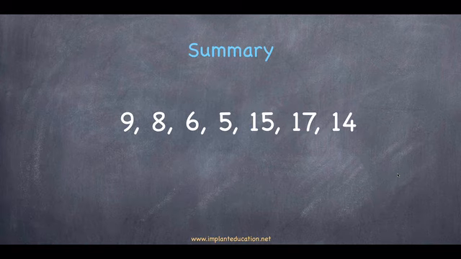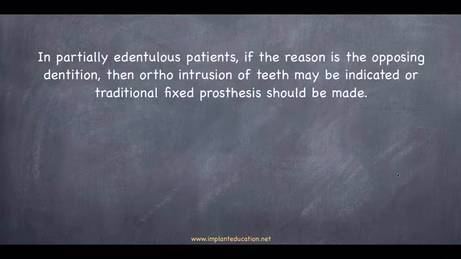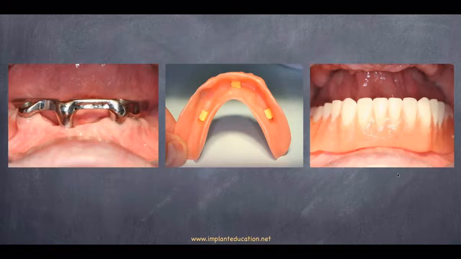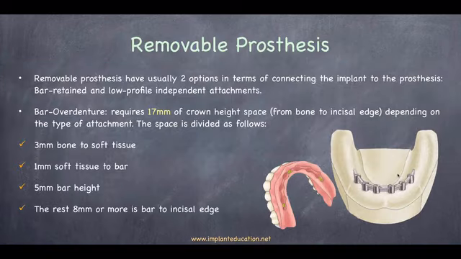Now with the 17 number, I would like to revisit that number for the bar overdenture prosthesis. That can be down to 15, if you will, by fabricating for the patient a CAD-CAM milled bar instead of the cast bar. So for that one, 3 millimeters would be adequate.